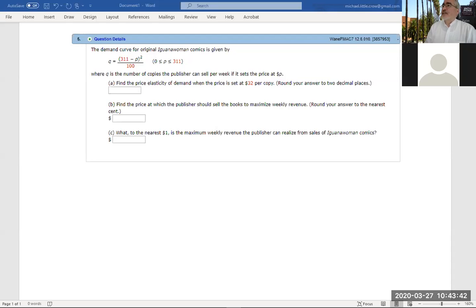So here we have 12.6, remember this is dealing with the demand function.